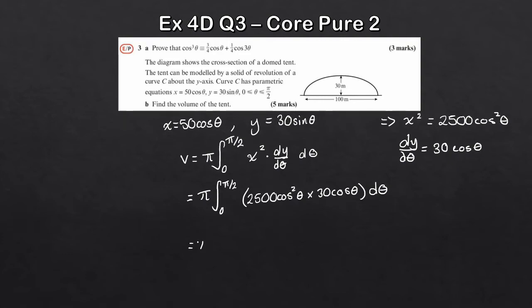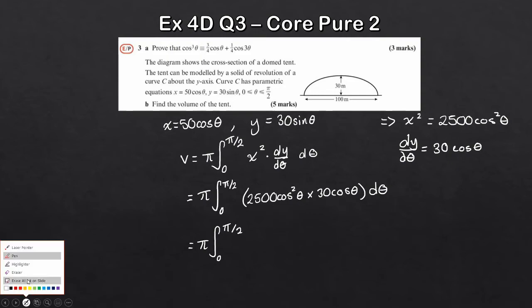This is pi times the integral from 0 to pi over 2 of, so 2,500 times 30 would be 75,000, but I can pull that out to the front.